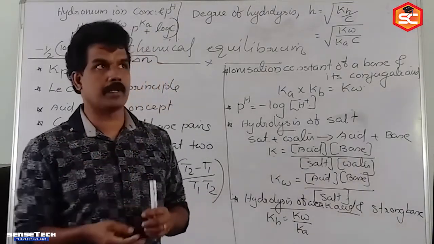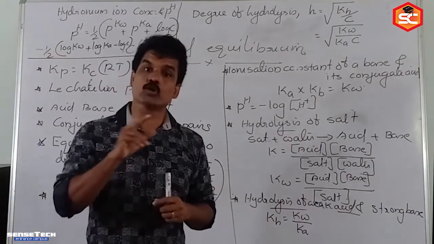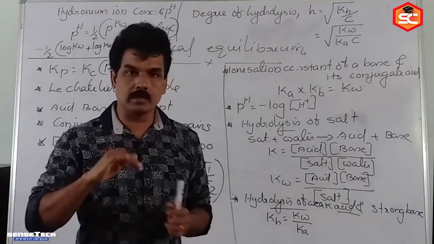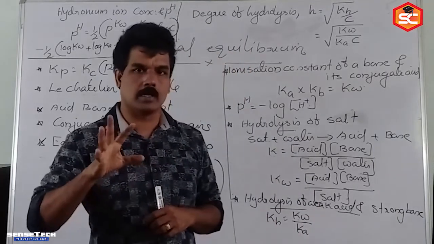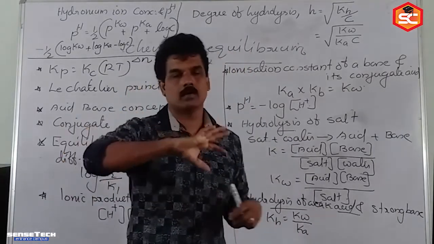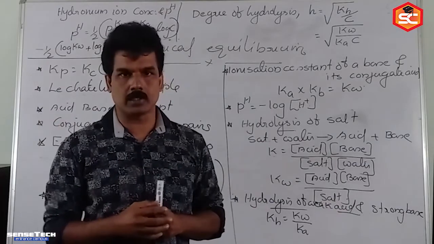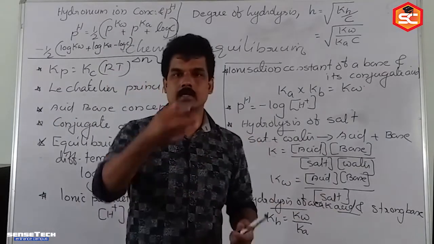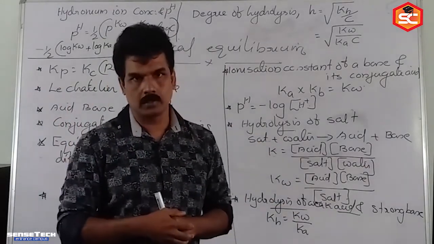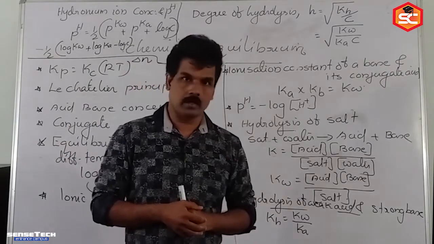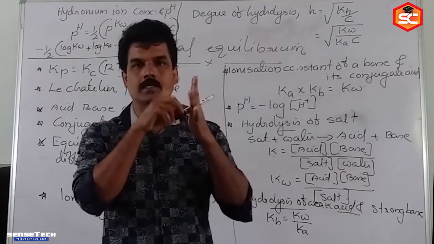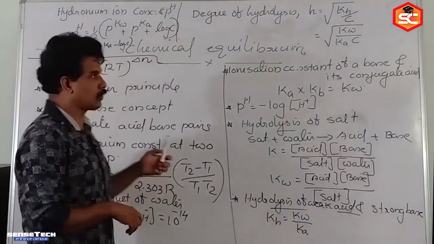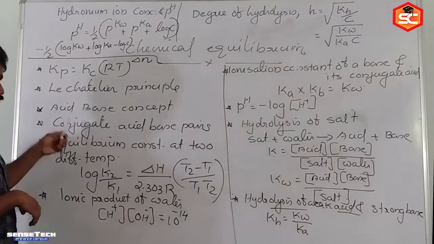When we increase the temperature, the reaction will favor the endothermic reaction, and when we decrease the temperature, the exothermic reaction. For concentration, when we remove product, the reaction will favor the forward reaction. When we add more reactant, the reaction will favor the forward reaction. Like that, the factors affecting equilibrium are concentration, temperature, pressure. Based on that, you study Le Chatelier's principle.